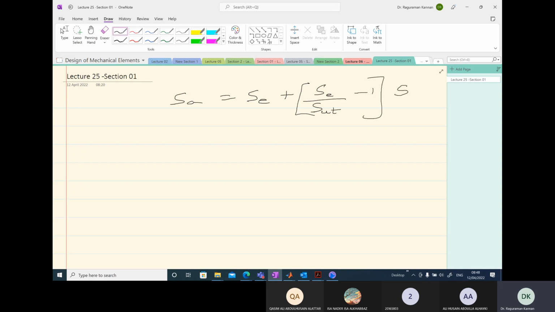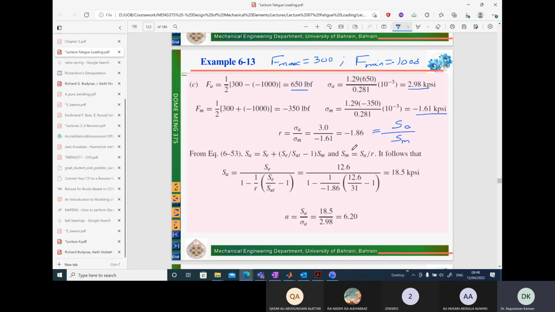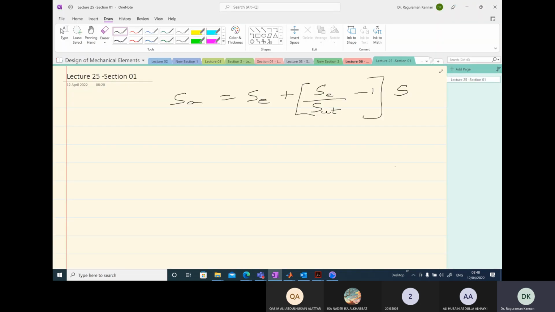SM I'm going to replace with SA over R. We already have the R value. So bring the terms commonly out here to the left hand side. I don't know why this is not appearing. Okay. So take this term, the second term, and take it to the left hand side.